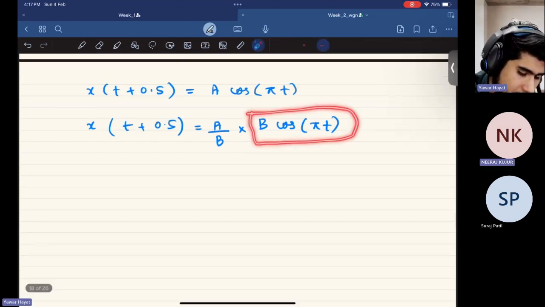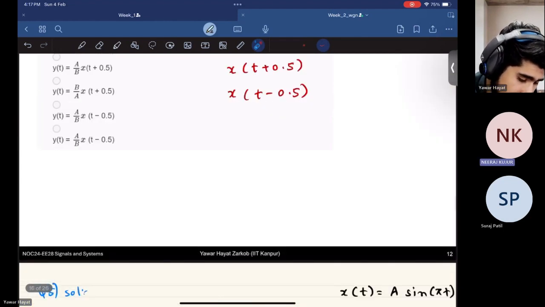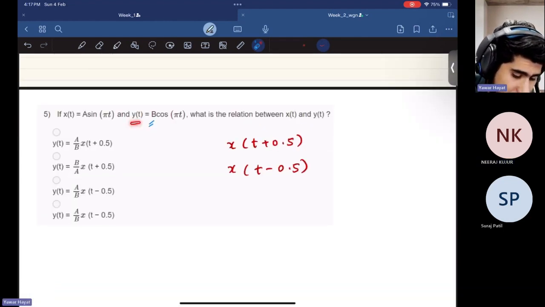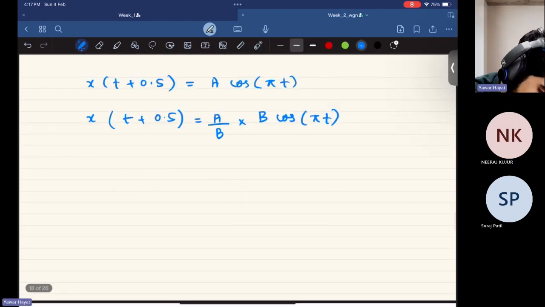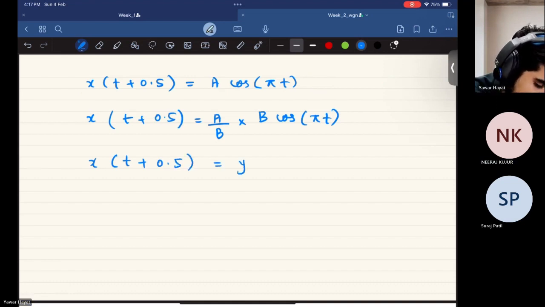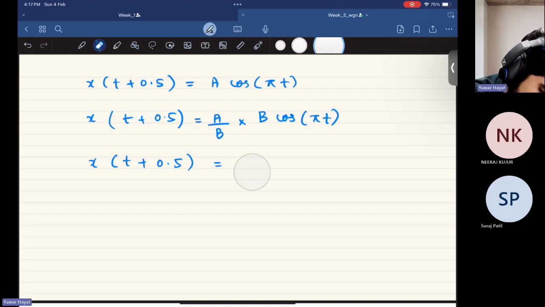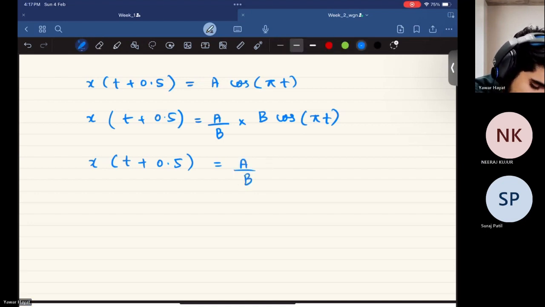This B cos pi t, that is y of t. So this x of t plus 0.5 is A by B times y of t.